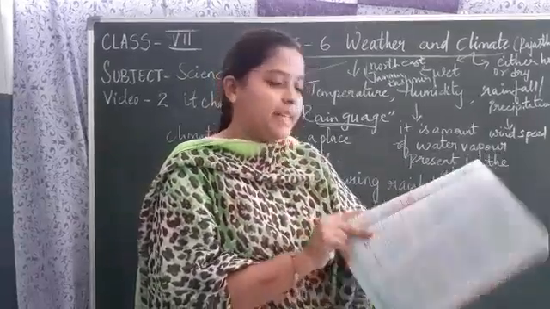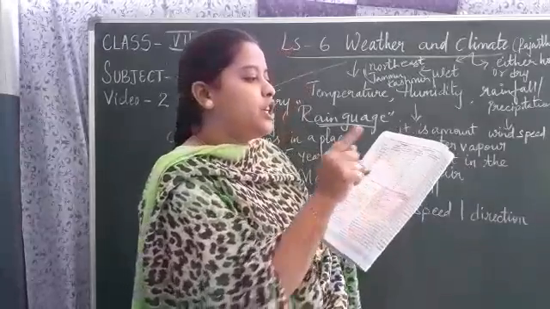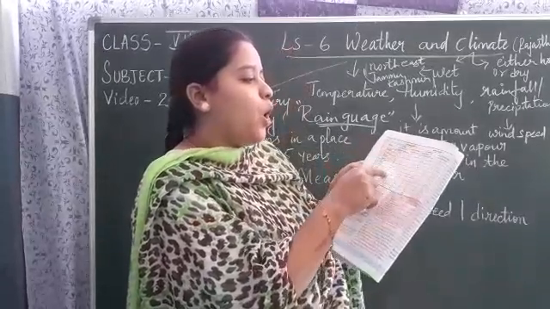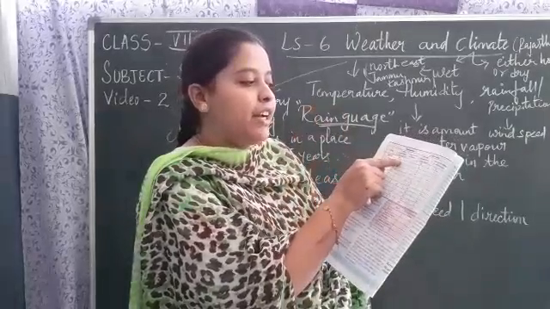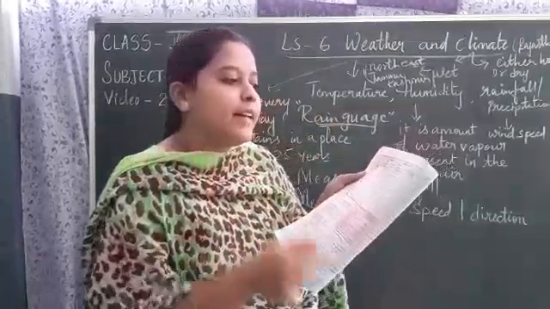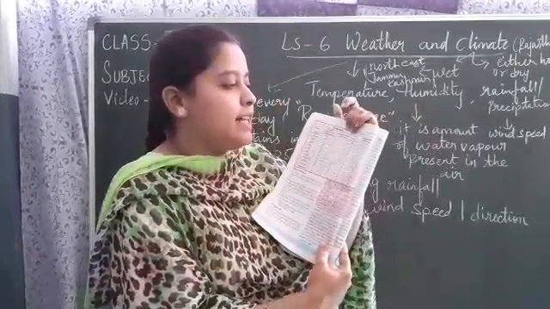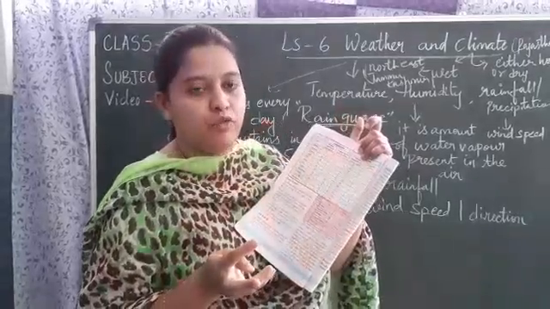Take out page number 60, children. You can see the two states of Telangana and Andhra Pradesh, Ramagundam and Arogyavaram. From the month of January to December, what is the average temperature in degrees Celsius and the average rainfall in millimeters in the two states? We are going to see.